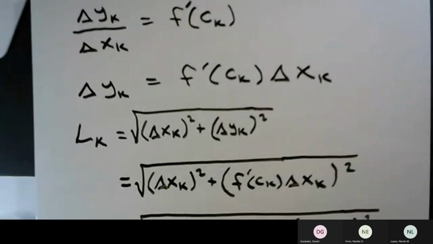So what we're going to get, now we've used our mean value theorem. So that means we've used the same trick that we had used to get the formula for the length of a curve. So now we have this.